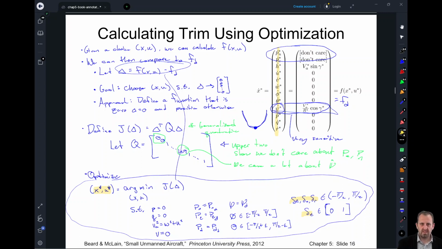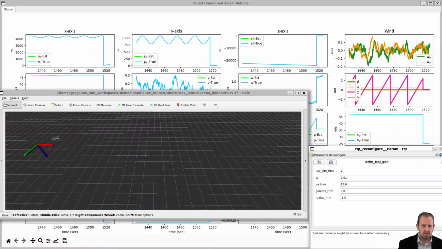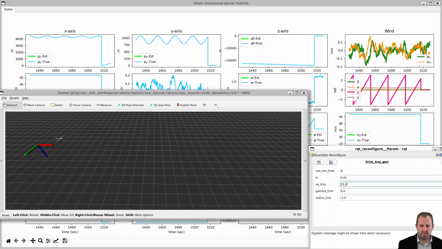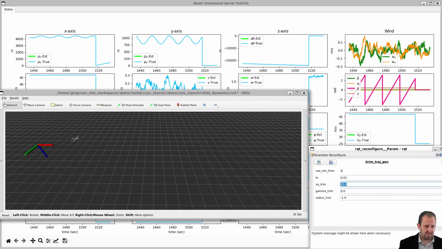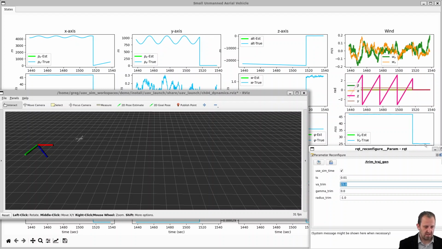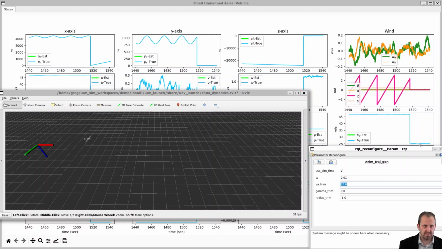Okay, now let's take a look again at this sim. Here I just entered a value of 25 for our desired velocity. It had been at 35 down there, and now we jump down, and we're doing our input of 25 meters a second.